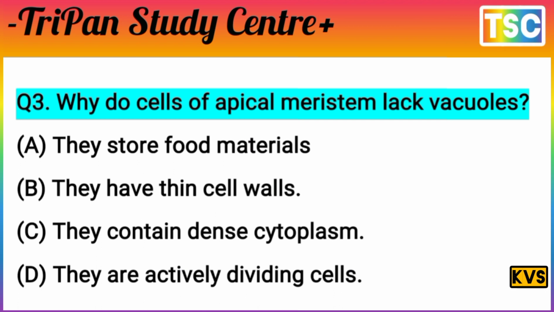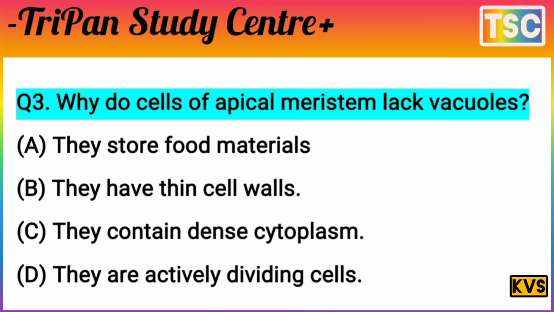But the important point here: apical meristem cells are young cells and are actively dividing. So they require food instantly and there is no requirement for storing food, and they also do not produce a large amount of waste.